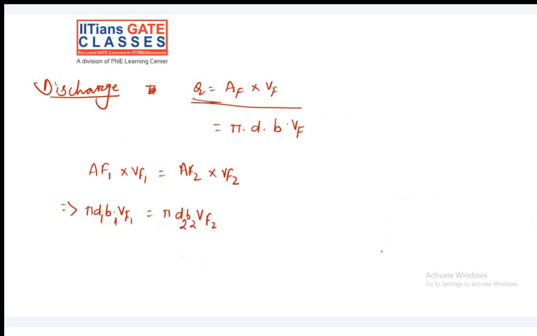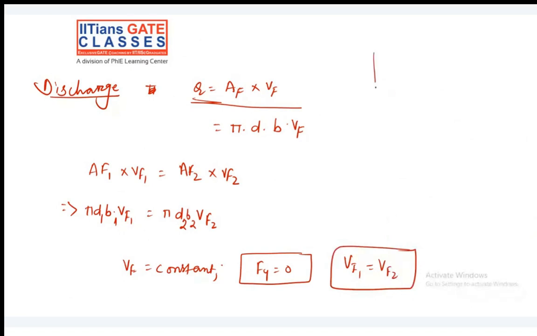So if the velocity of flow vf is constant, why? Because there are no forces in the y direction. So what is the condition? That vf will remain constant, so vf1 is equal to vf2.